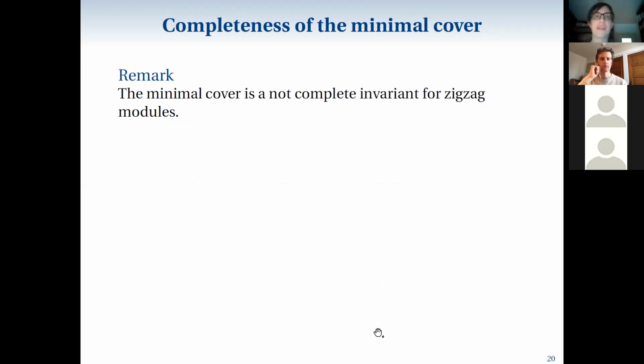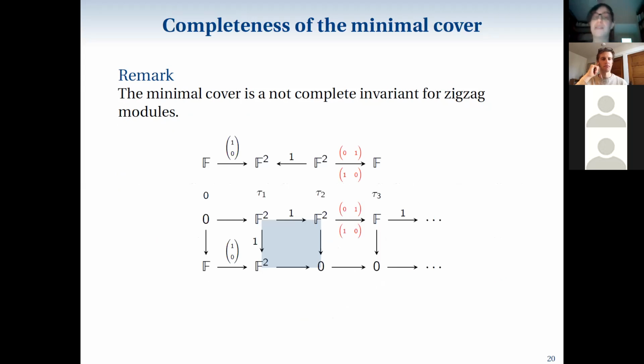Too bad. And the minimal cover is not a complete invariant either for zigzag modules. That's because we move up in dimension. So let's take 2 zigzag modules, one with the top matrix and one with the bottom matrix. If I look at the top one, the decomposition is 1 long bar above all of it and 1 short bar just in the middle.